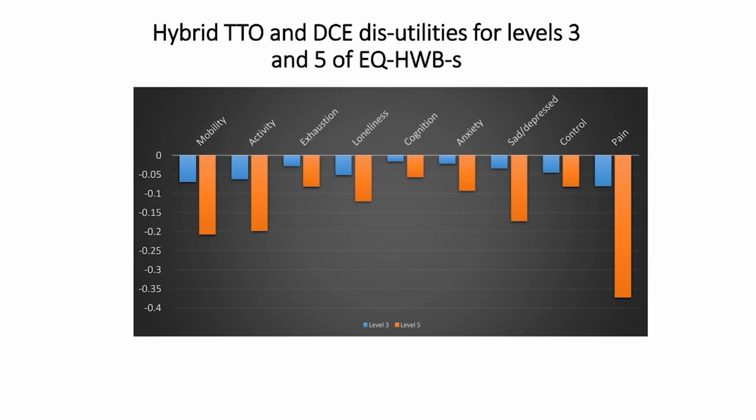And then you can see how the decrements vary across the domains, pain having by far the largest. Level 5 of pain is you're in severe pain all the time, so it's not surprising that it has such a high weight. But what these results show is that yes, physical activity is proven to be important for the general population, but other things like loneliness and control are still important and still significant.